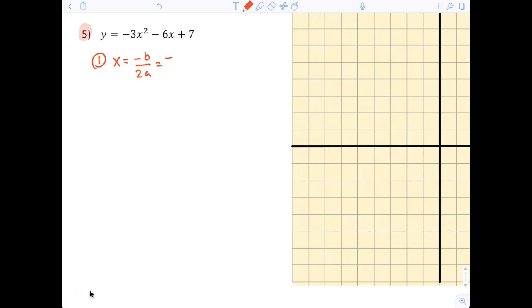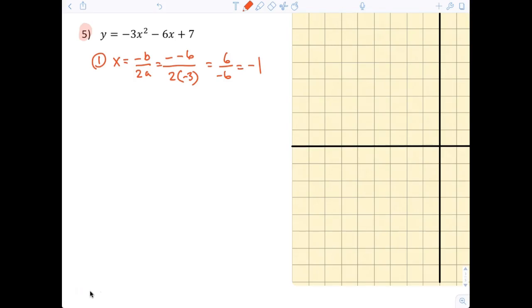Negative, then what? Negative 6 over 2 times negative 3. Everybody agree with that? So now it becomes 6 over negative 6, which is what? Negative 1. Did everybody get negative 1? Vivian, you okay?